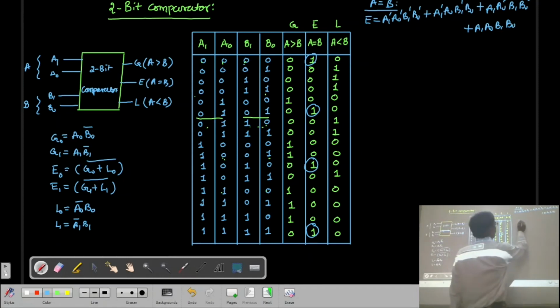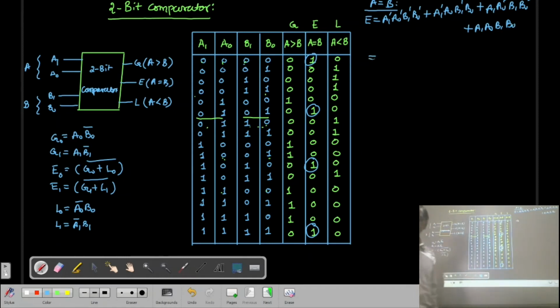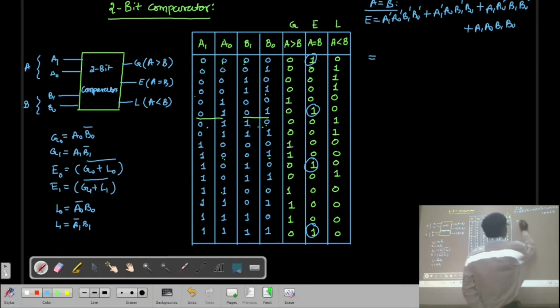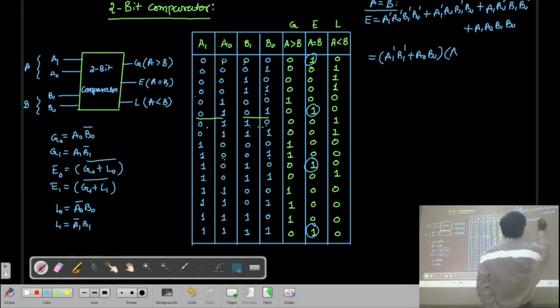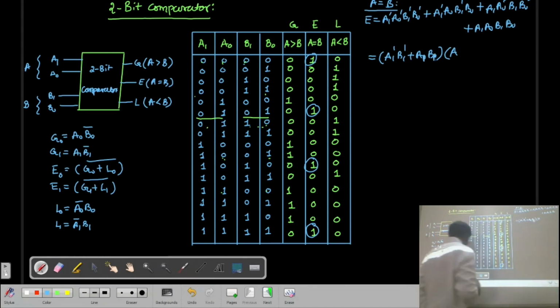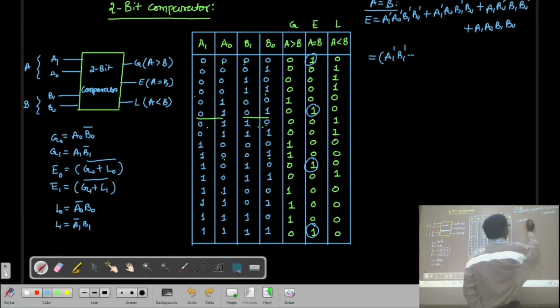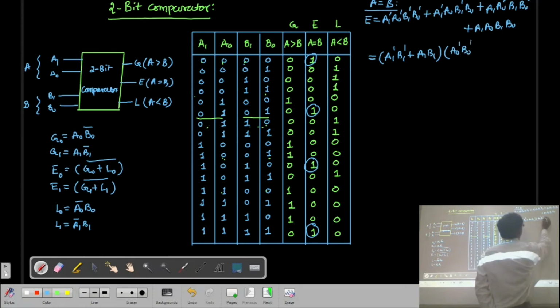If we simplify this expression, then we can write it this way: A1' B1' plus A0 B0 into A1 B1, plus A1 B1, and that is equal to A0' B0' plus A0 B0.